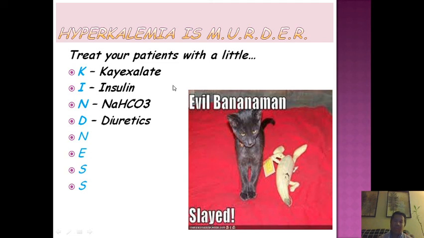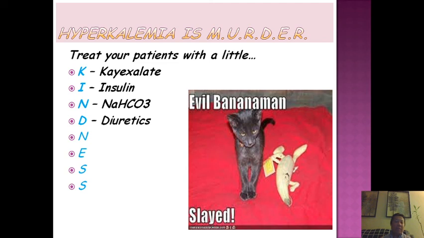If you don't know, Kayexalate is usually given to patients with hyperkalemia in order to exchange sodium with potassium in the gut, and instead of eliminating potassium through the kidneys, potassium will be eliminated through the GI tract by exchanging sodium with potassium.